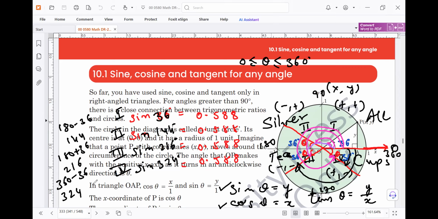I have not taken the quadrant signs yet, I'm just writing down the quadrants. Now the sign is negative in the third and fourth, right? So here I put a minus, and here I put a minus, because in the third and fourth the sign will be negative, right?